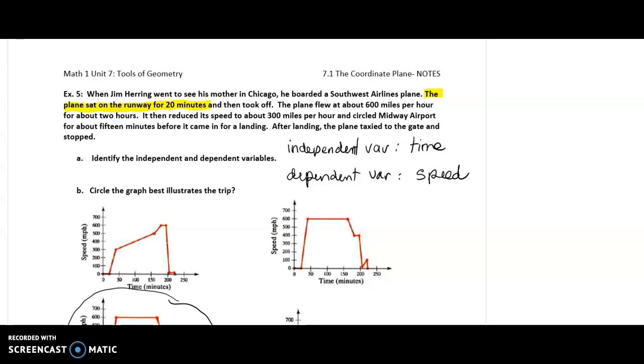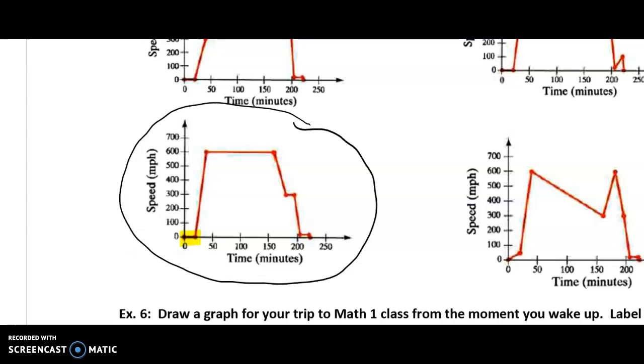So the first thing we were told was that the plane sat on the runway for 20 minutes. So that means it was just sitting there, not going anywhere. As you can see, there's the first section of our graph that I highlighted where the speed is 0, but it's just sitting there for 20 minutes. No speed change.